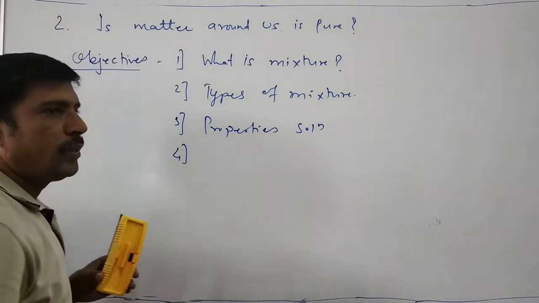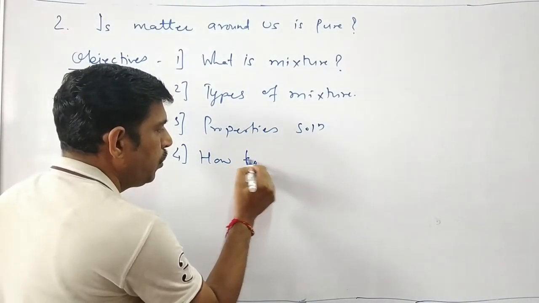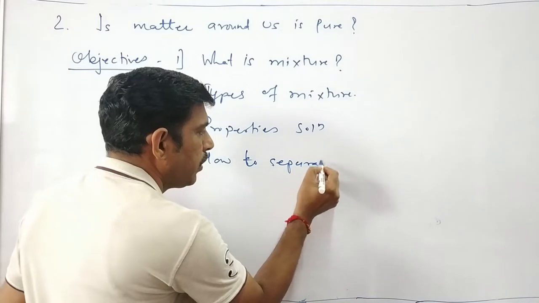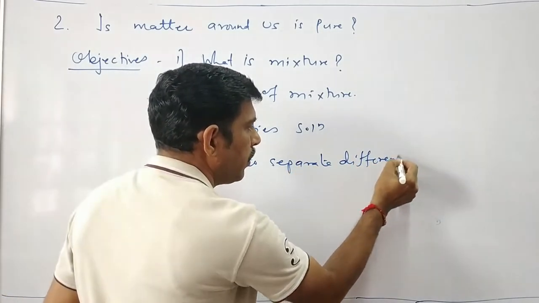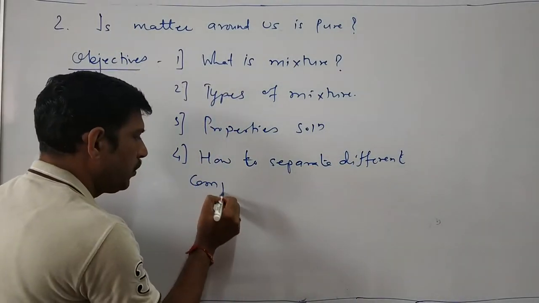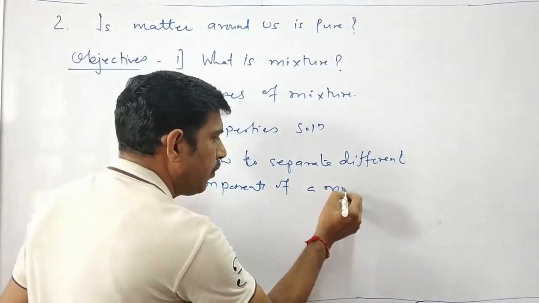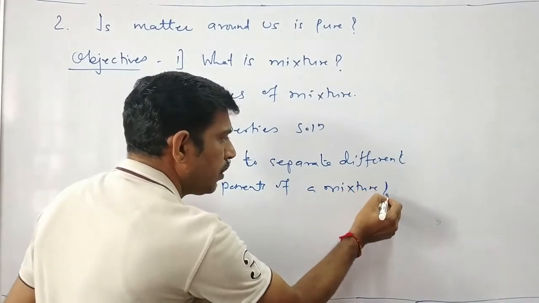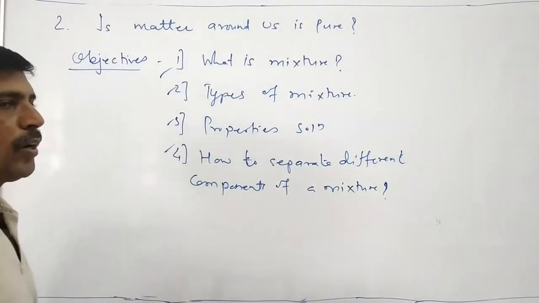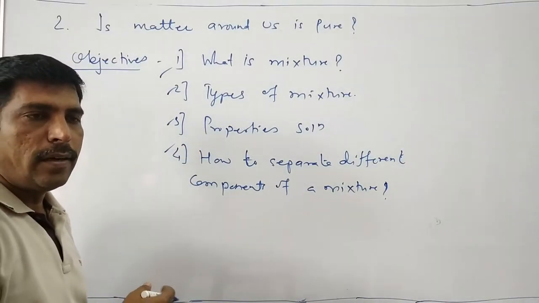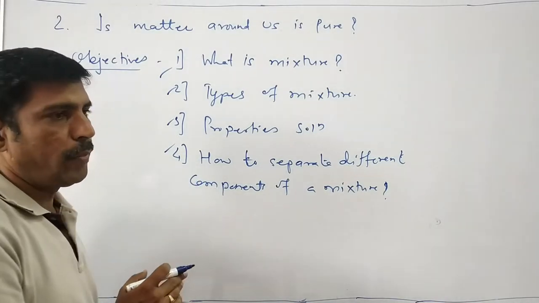The fourth point is how to separate the different components of a given mixture. These are the important points we have to deal with in this chapter. We have to collect the knowledge about this topic.